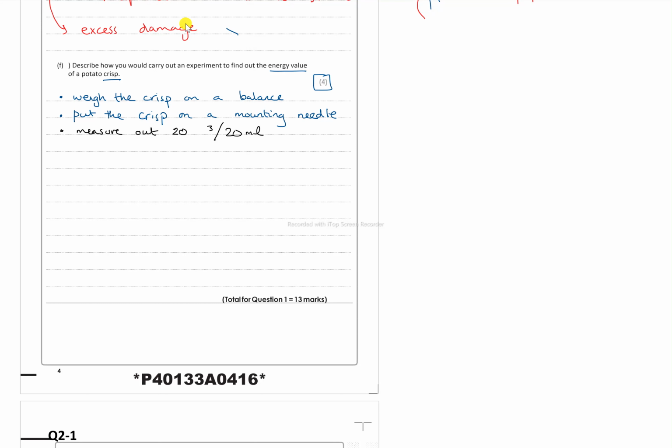Centimeter cubed or 20 mil of water, and measure it out into a test tube.